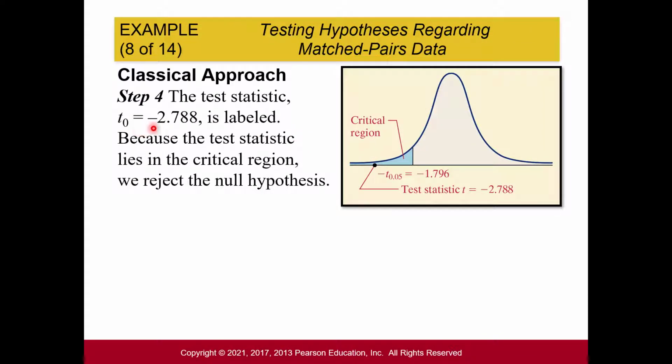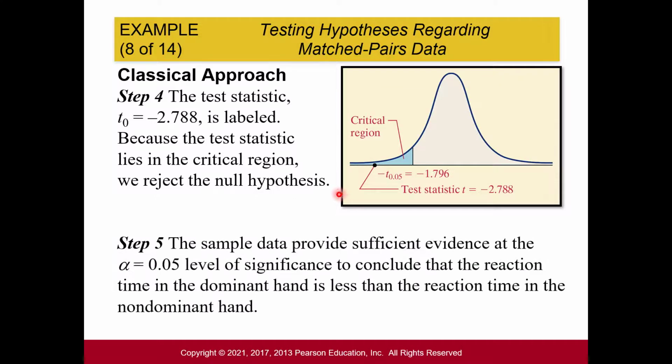And because our test statistic is less than our critical value, or lies within the critical region, we reject the null hypothesis. So we can conclude that the sample data provides sufficient evidence at the 0.05 level of significance to conclude that the reaction time in the dominant hand is less than the reaction time in the non-dominant hand.